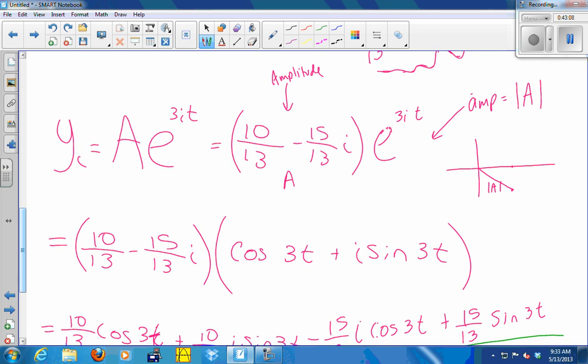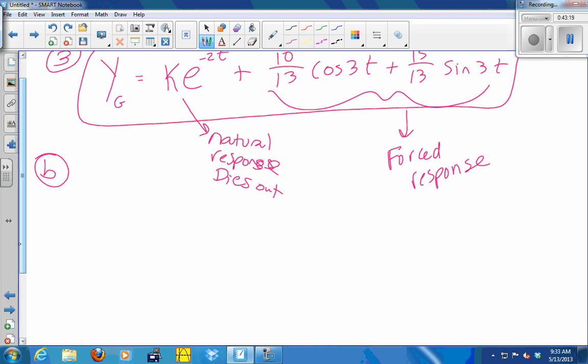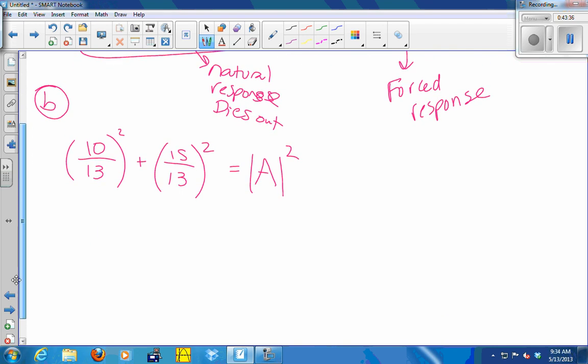That's going to be your amplitude. So use the Pythagorean theorem: 10/13 squared plus 5/13 squared equals your amplitude squared. 15/13, yeah.